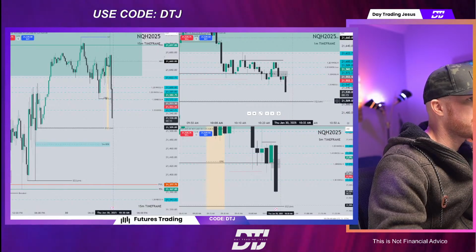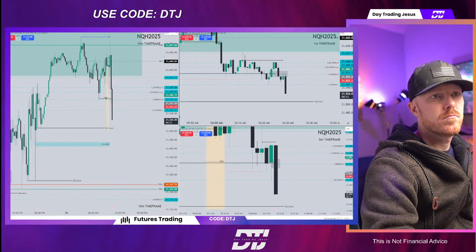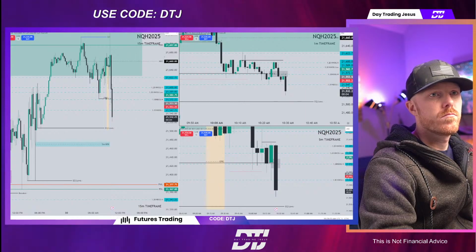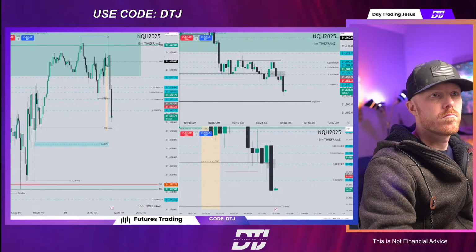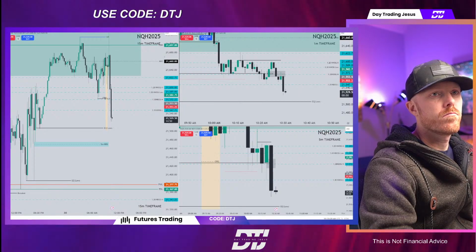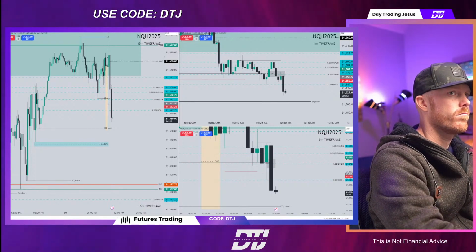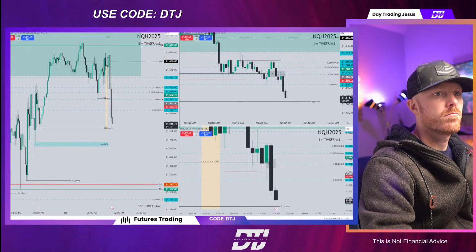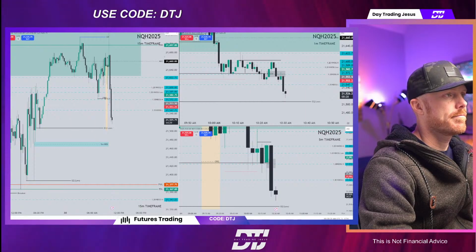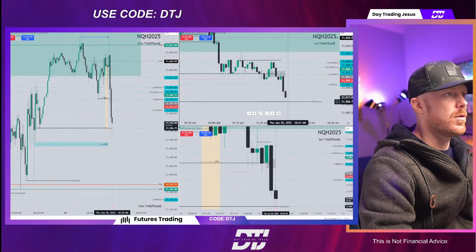Watching these equal lows down here. I'm going to wait till it hits these equal lows and see what happens here.